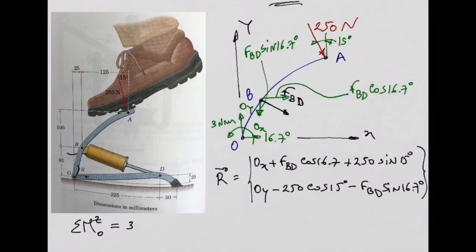It's going to be clockwise or anti-clockwise? Clockwise, so negative, minus. Now, what is the length I need to consider? From here to here, right? You all agree? How much is this length? 85. So minus 85 times the force, which is FBD sine 16.7. You are all following this or not?